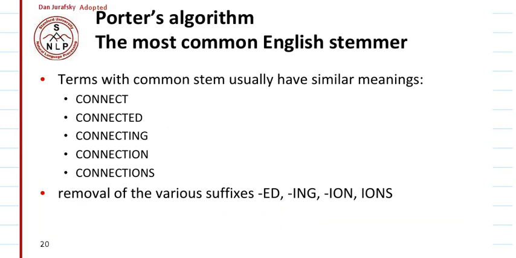So all these connections are the surface form words of the same stem. Okay, so in this we need to remove ed, in this we need to remove ing, in this we need to remove ion, in this we need to remove ions, right? Anywhere they appear in the corpus, they have to be converted into connect.